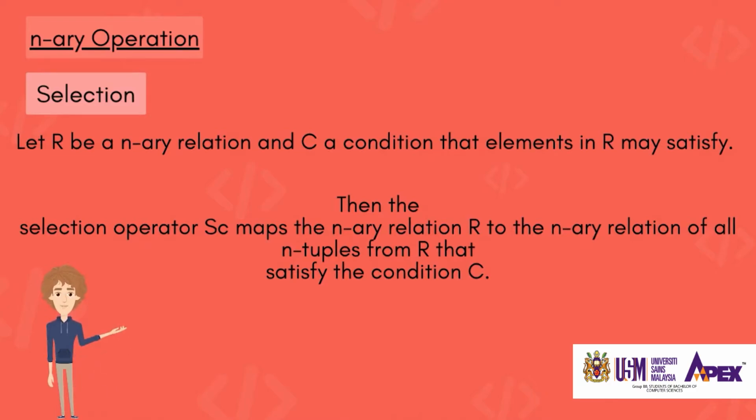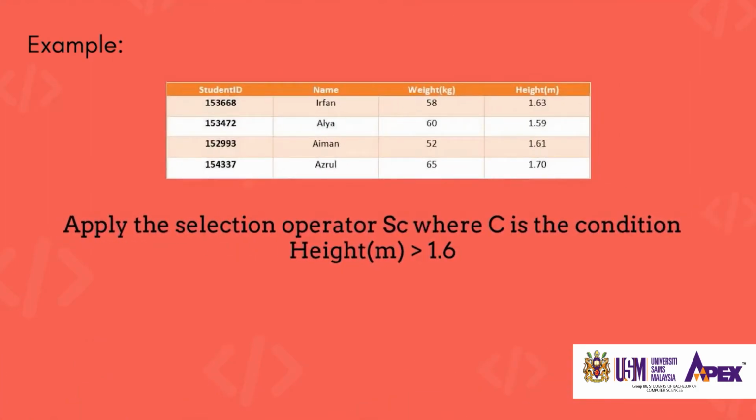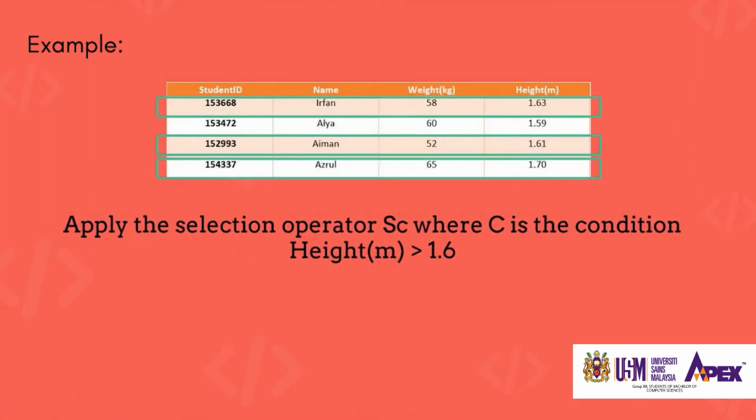Then the selection operator S_C maps the n-ary relation R to the n-ary relation of all n-tuples from R that satisfy the condition C. For the example, apply the selection operator S_C, where C is the condition height in meters more than 1.6. So the question: height more than 1.6. We can see that there are 3 records with height more than 1.6.